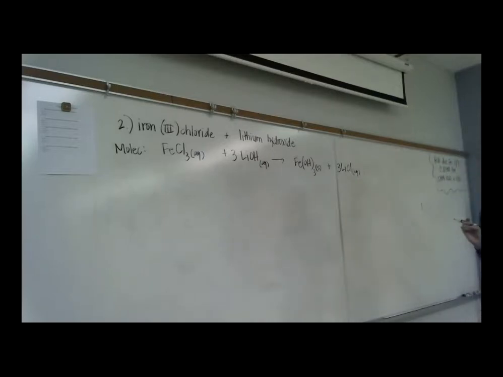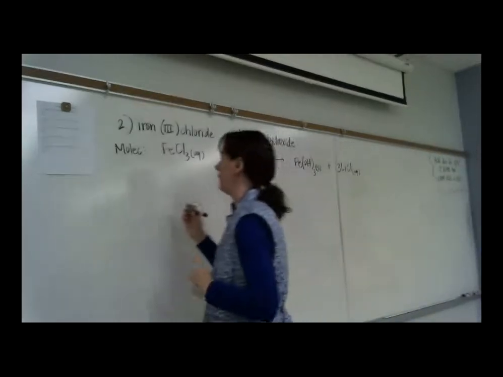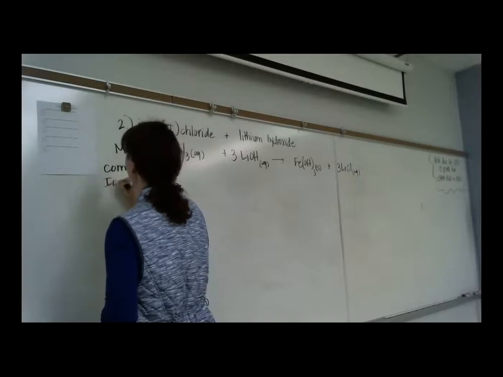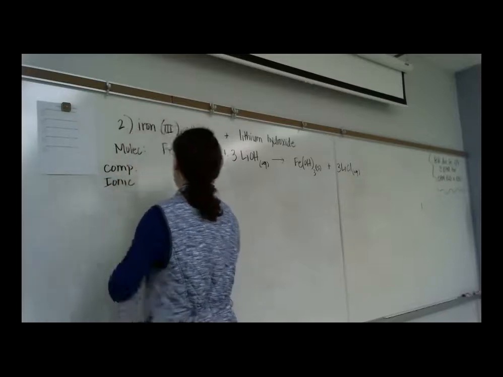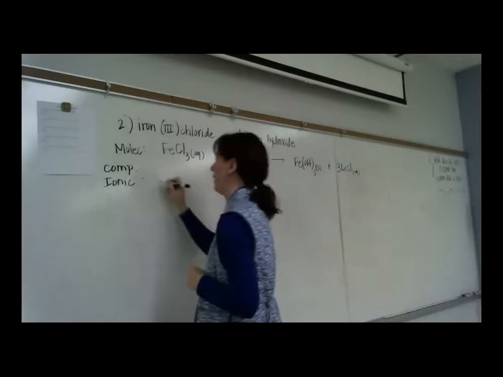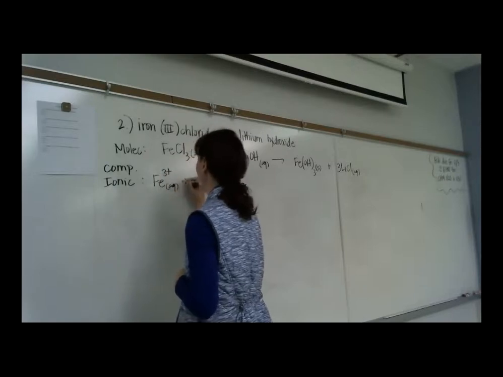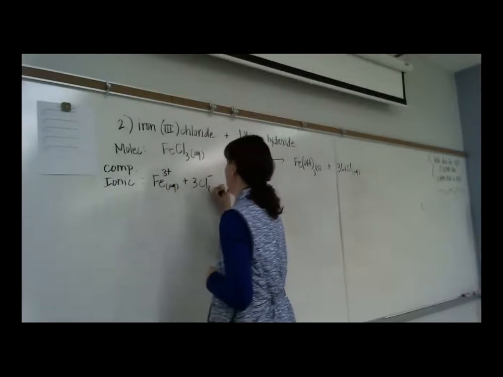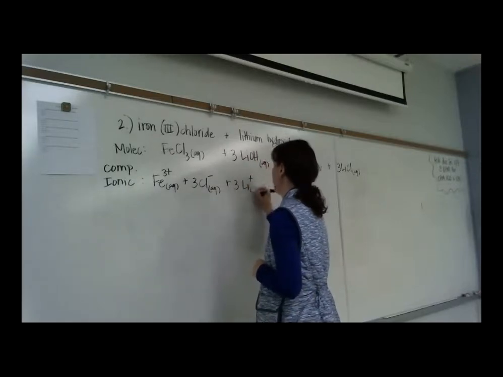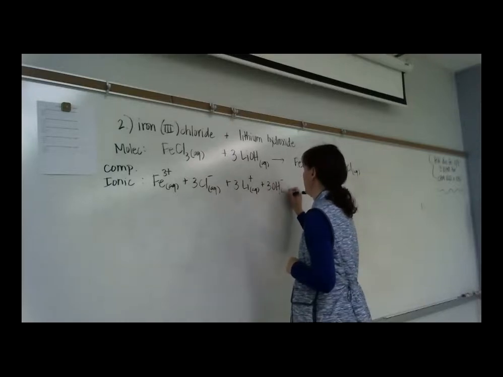Okay, now let's do the complete ionic. Because there is a precipitate, we have a complete ionic to write. Right? So for the complete ionic, we're going to take everything that's aqueous and we're going to dissociate it. So this becomes Fe3+(aq) plus 3Cl-(aq) plus 3Li+(aq) plus 3OH-(aq).